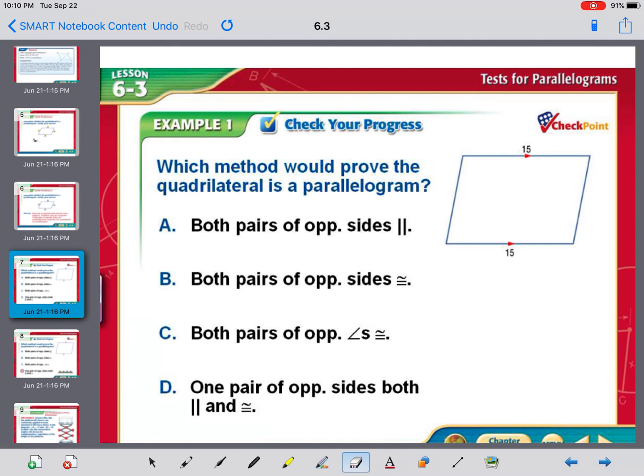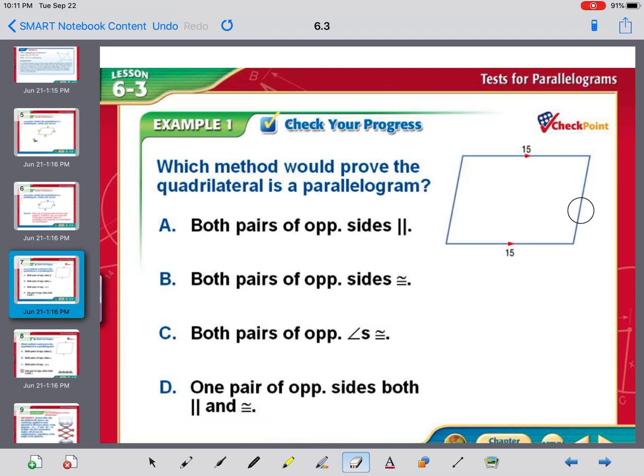It says, what method would prove the quadrilateral is a parallelogram? Well, they tell us these are both 15, and they tell us they are parallel. It says both pairs of opposite sides are parallel. Well, we don't know that about these two. They may look it, but we don't know it.